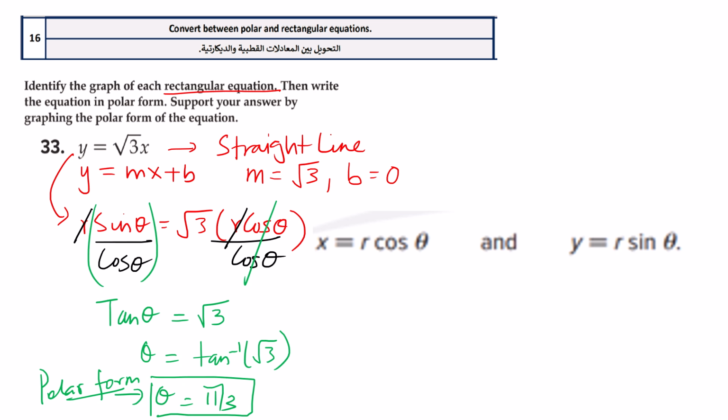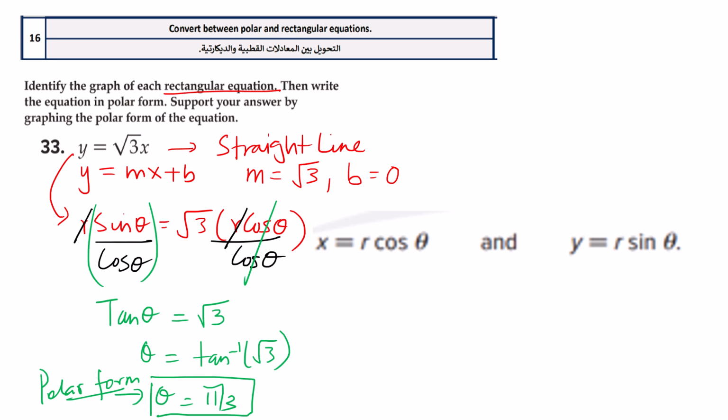So can I say that the graph of this polar equation, theta equal to pi by 3, will again be a straight line passing through the angle pi by 3 for any different value of r? So whatever value of r I take, my graph for theta equal to pi by 3 would be a line which is passing through the pole definitely, with different values of r. So let me show you the graph.